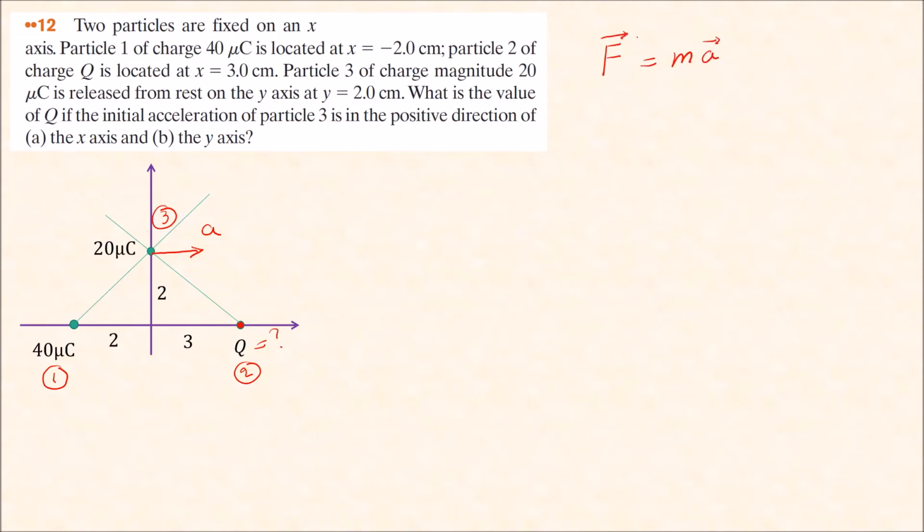See, F equals ma is a vector equation, which means that whichever direction F net is, the acceleration will be in that direction, because when you multiply a scalar mass times a vector, it gives you the vector in that same direction.